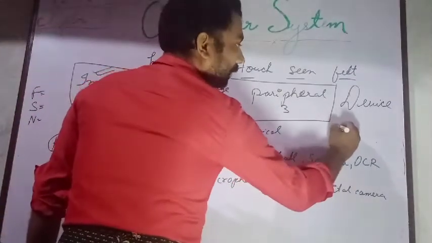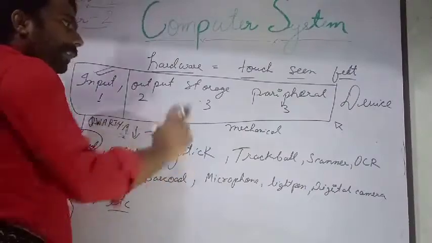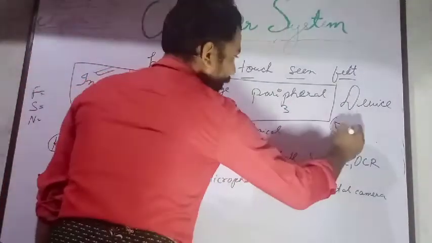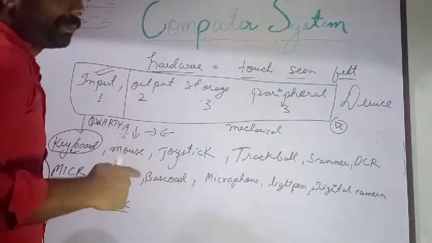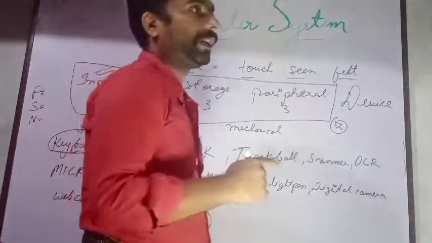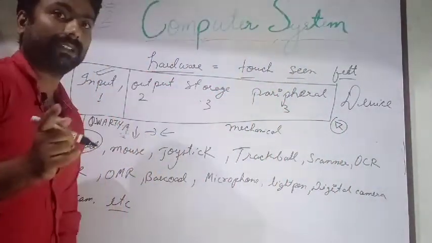The pointer also moves according to the movement of the mouse. Okay, so that is called the mechanical mouse. But you are not going to see those kinds of mouse nowadays. Nowadays we are seeing the optical mouse. Laser mouse is different.